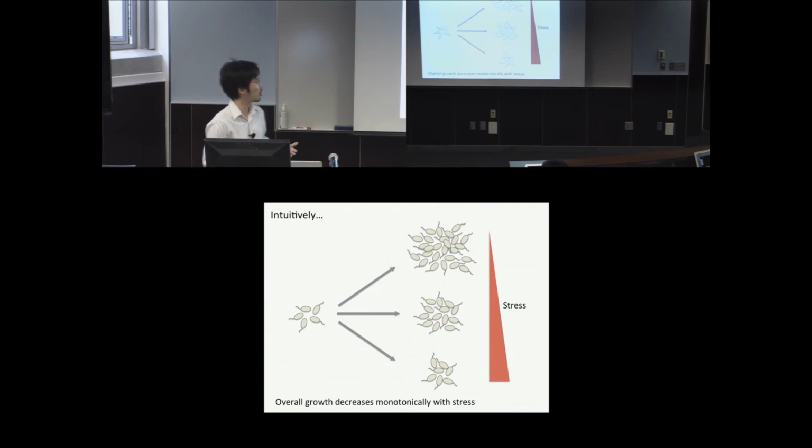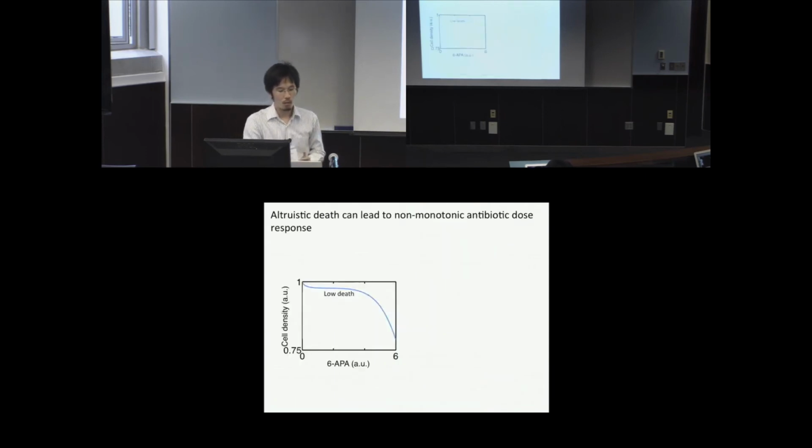So overall growth should depend monotonically on the stress level, which turned out to be the case for low death. The control strain and a strain with lower death rate gave me this monotonically decreasing function of 6-APA.